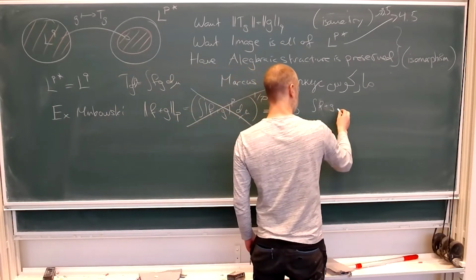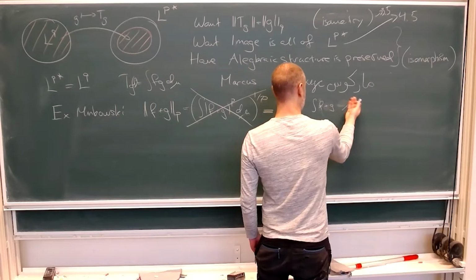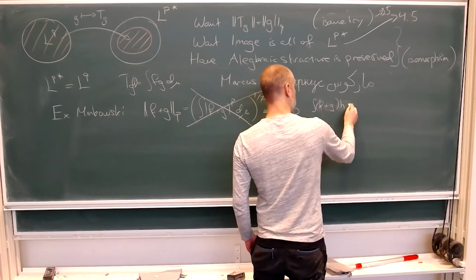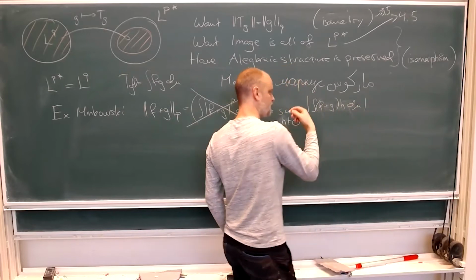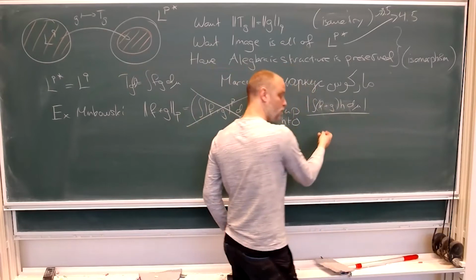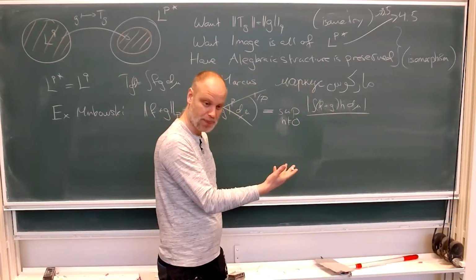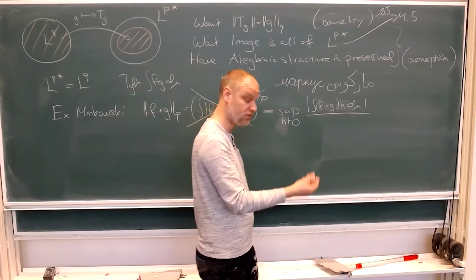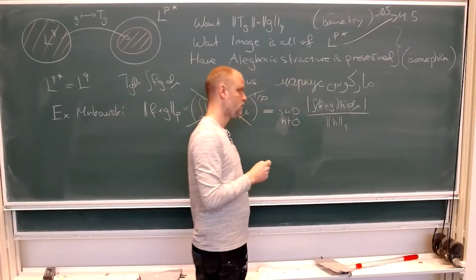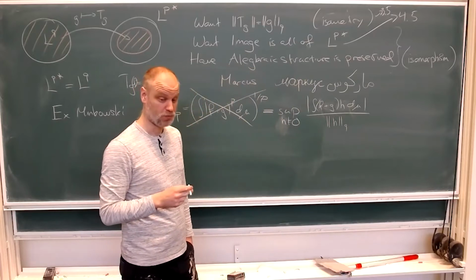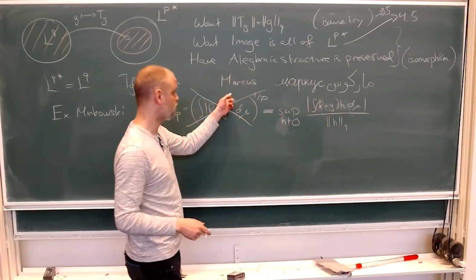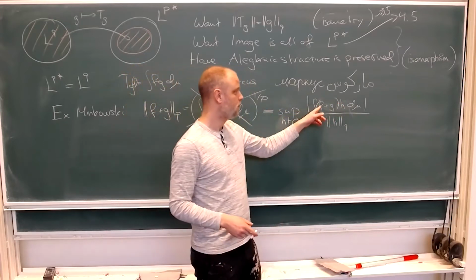So I need to do the linear functional. Here comes h, then comes the mu, right? This is now T_h applied to f plus g, and then divided by the norm of T_h. But T_h and h have the same norm, so I can just write here the norm of h in L^q. Now look, all of these stupid powers disappear.